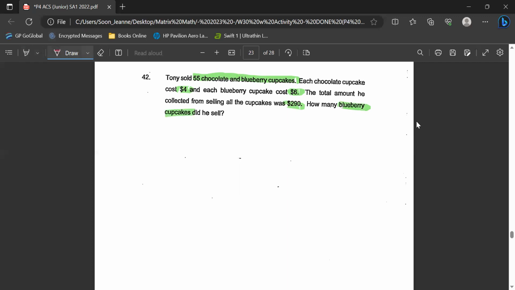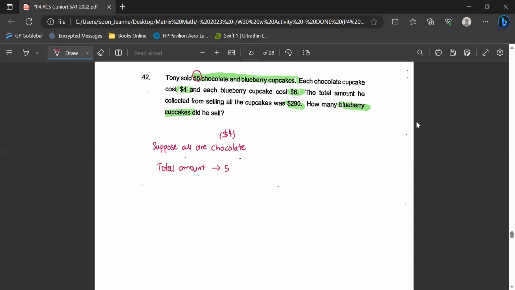So since I want to find the number of blueberry, right, we will suppose all are the other kind, which means I'm going to suppose all are chocolate flavored. Chocolate. Okay? So chocolate, if you read properly, right, each chocolate costs $4. So that means I'm going to suppose all 55 are chocolate. So that means the total amount collected will be a different amount if all are chocolate.